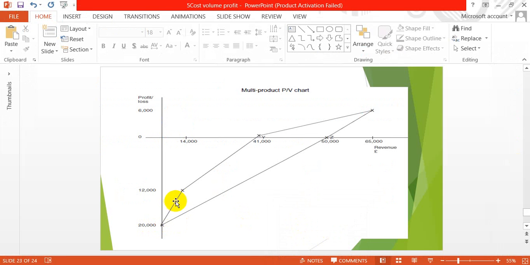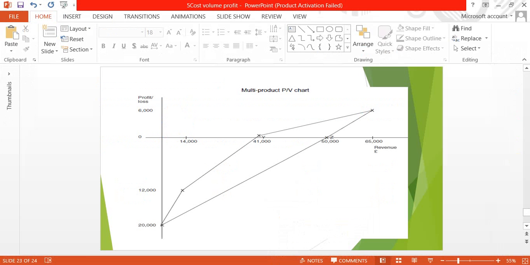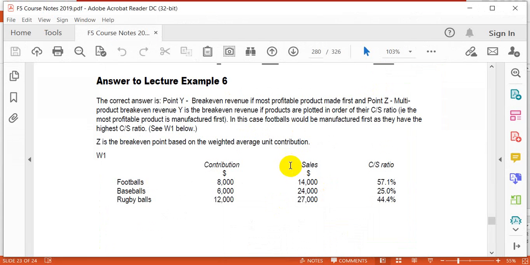So from here to there is the footballs, from there to there is the baseballs, and then lastly from there to there is the rugby. So that's how you plot a multi-product break-even revenue chart.